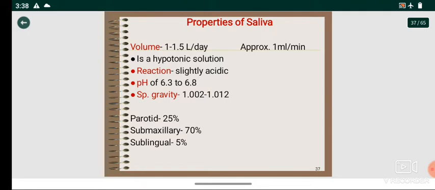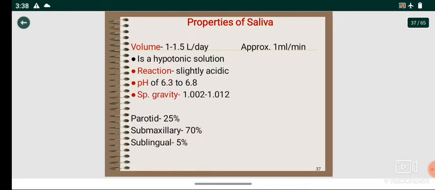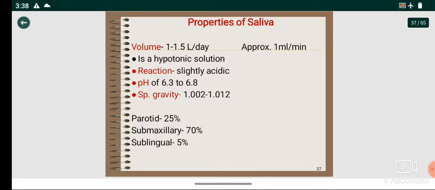But if the secretory rate increases, then its pH becomes somewhat alkaline, up to 8. This difference in pH is because if the secretory rate increases, there is less time for the ions to get exchanged from the plasma.